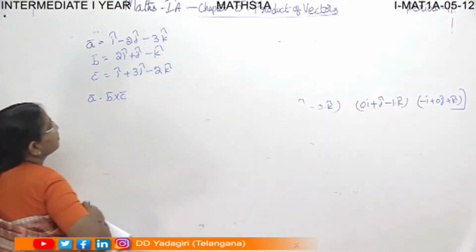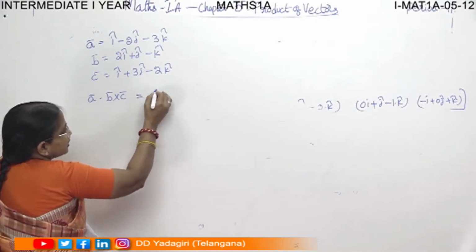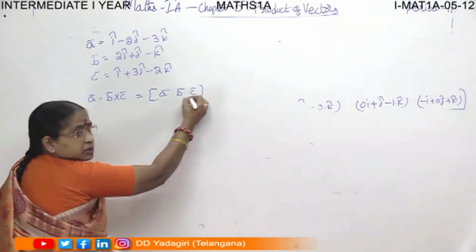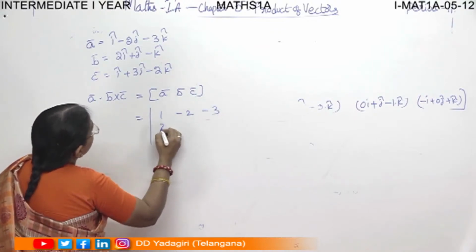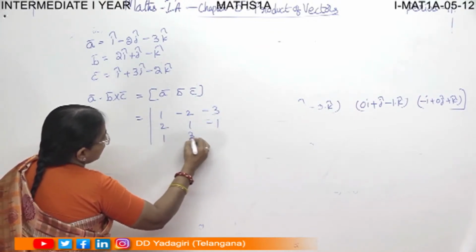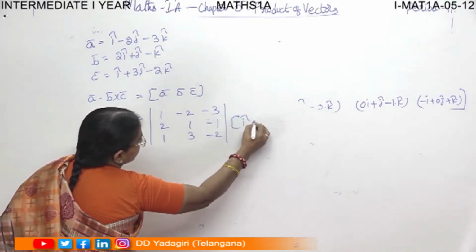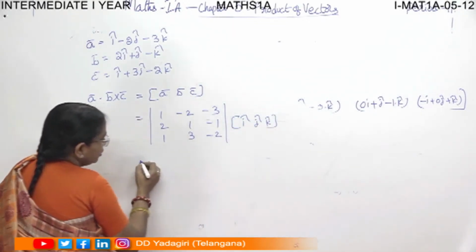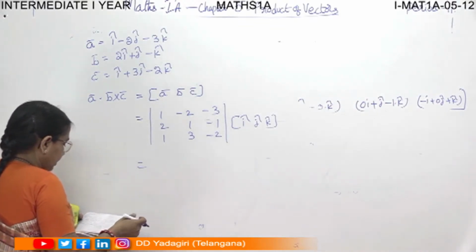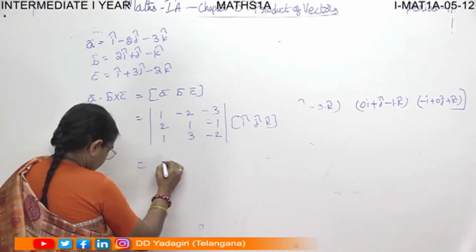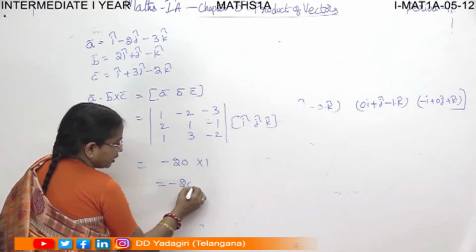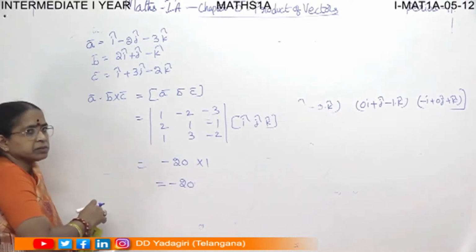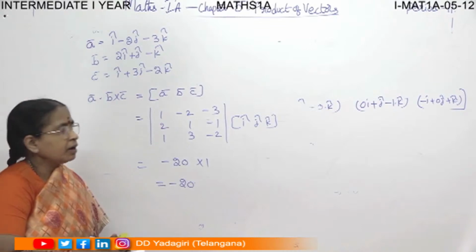Here A, B, C vectors are given separately, so it is nothing but box ABC. That is equal to the determinant of 1, minus 2, minus 3, 2, 1, minus 1, 1, 3, minus 2, into box IJK. Finding the determinant value, you will get minus 20, into 1. So the answer is minus 20. Like this we do the problems. Now we'll continue in the next page.